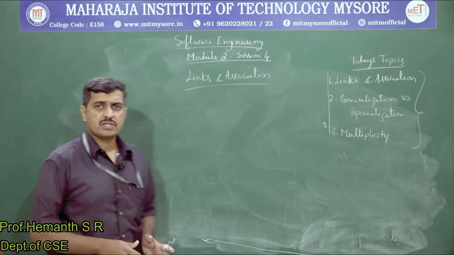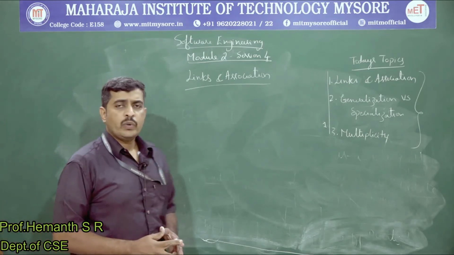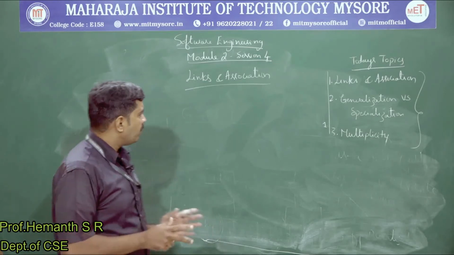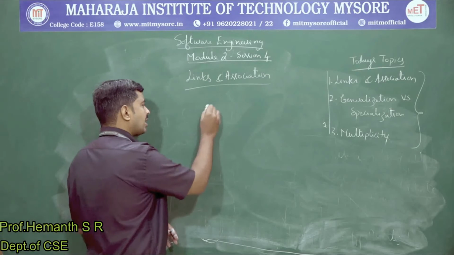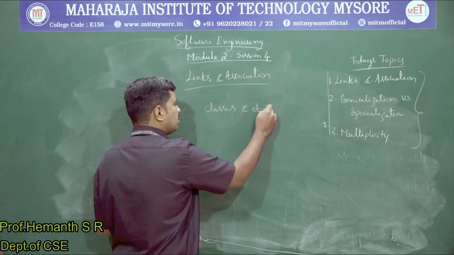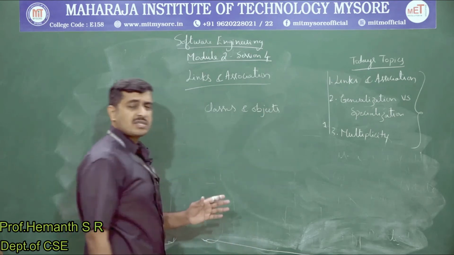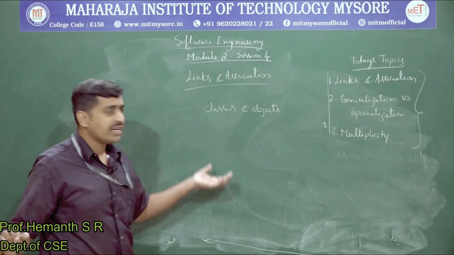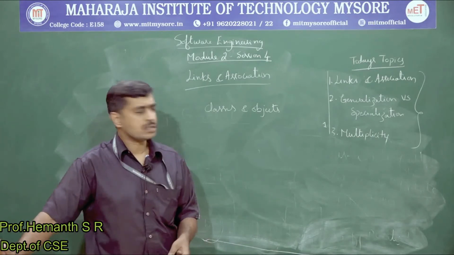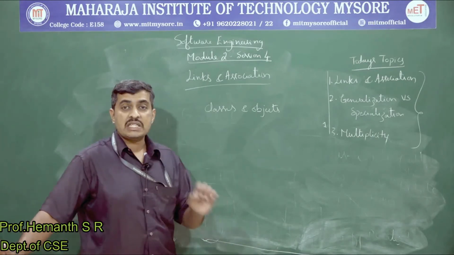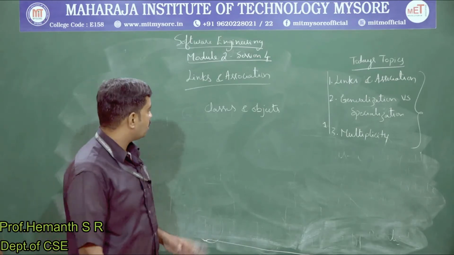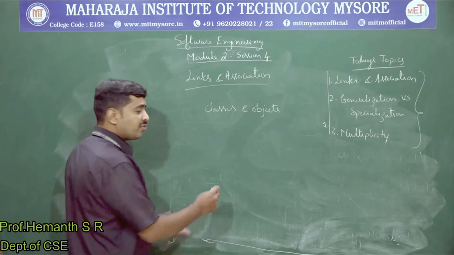Now, in the previous sessions, we understood that when you are coming out with a design in object-oriented modeling, you will be identifying classes and objects. Classes are groups of real-world entities which have common properties and operations, and objects are instances of the class. Now, I have a set of classes.